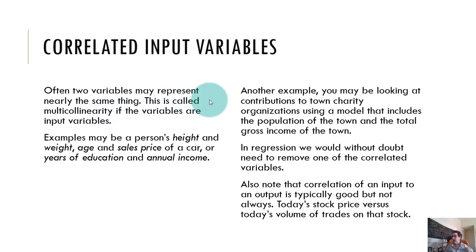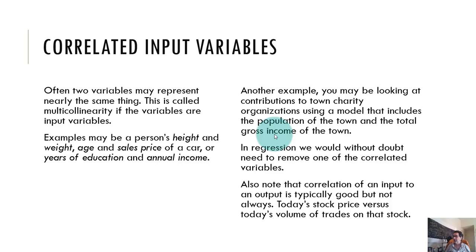Another example, you may be looking at contributions to a town charity organization using a model that includes the population of the town and the total gross income of the town. So total gross income, that means, if we take each person, how much do they earn, and sum up all the values of the entire town.